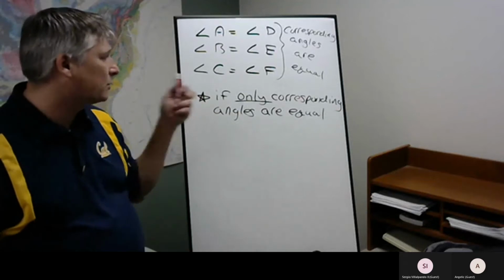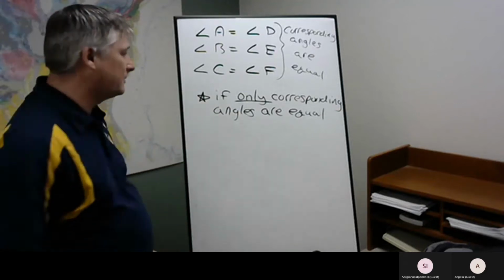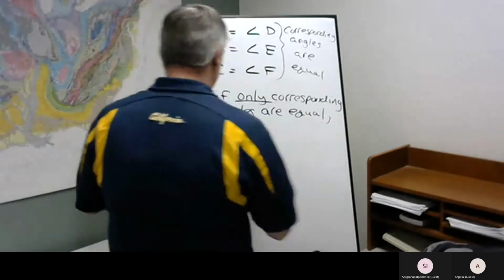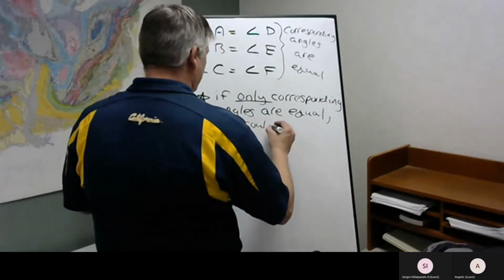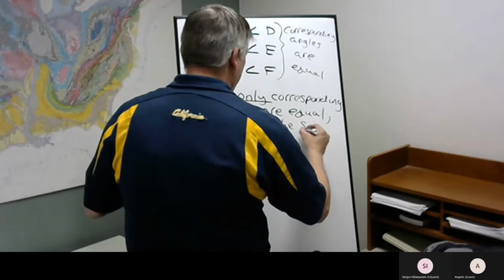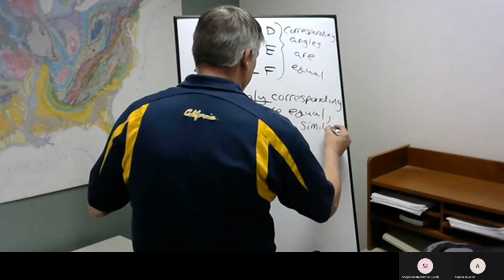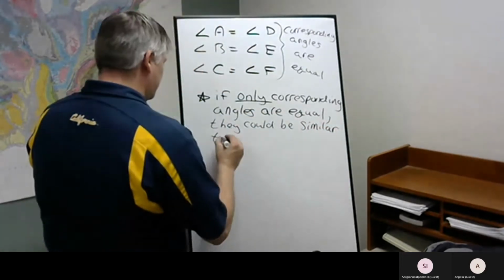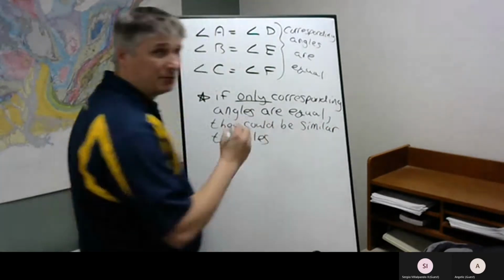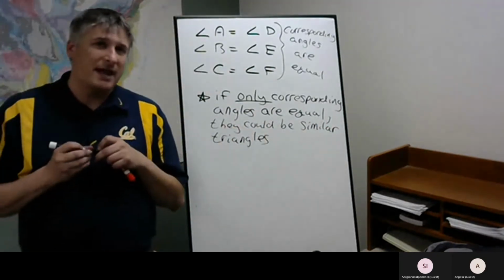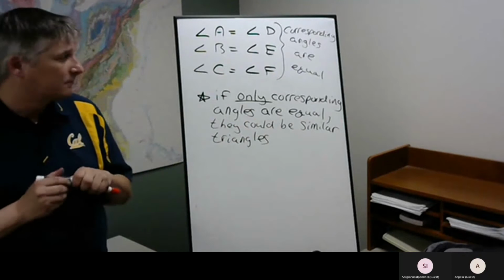If you have triangles where only the corresponding angles are equal, they could be similar triangles. Because remember, with similar triangles, the corresponding angles are also equal.